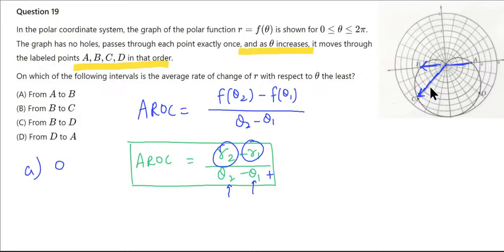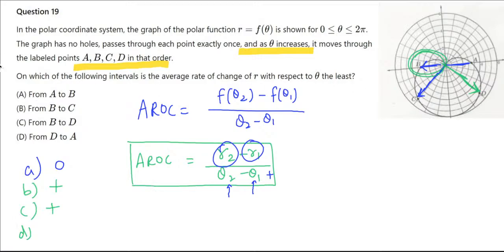And in this case, R2 minus R1 is also positive because the R of C is greater than B. So this is a positive number. Likewise, B to D, there is no difference. In B to D also the same situation because C and D have the same R value. So in this case also, it is the same as the B to C case, it is positive.